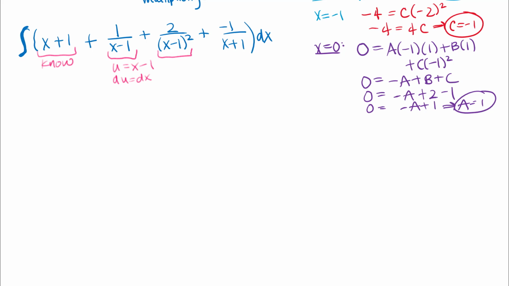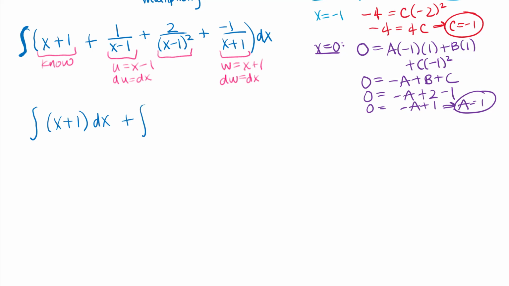And then for the last one, it's a different u substitution, so I'll write w equals x plus 1, and then dw would be dx. If you can do all that integration correctly without writing out those u substitutions, that's okay. I'm going to go ahead and write them down here. So I'm separating this into separate integrals. The x plus 1, that is stuff I know.